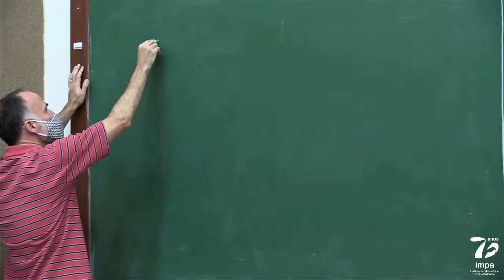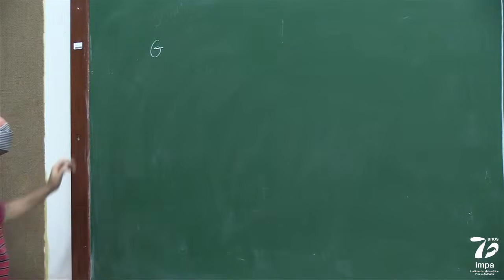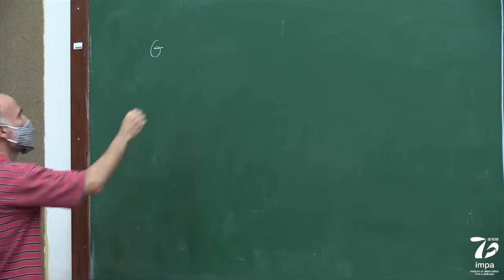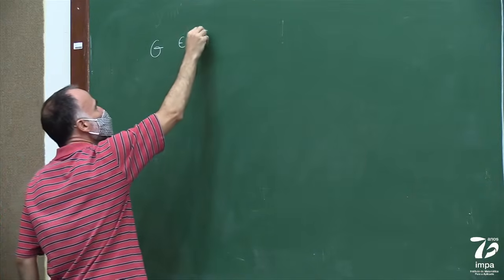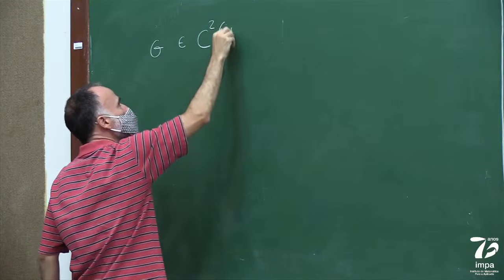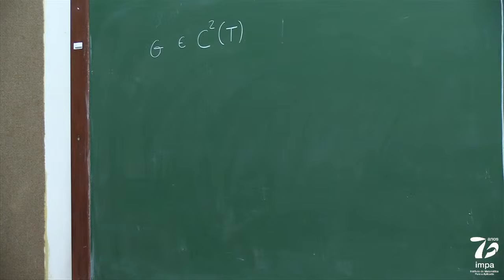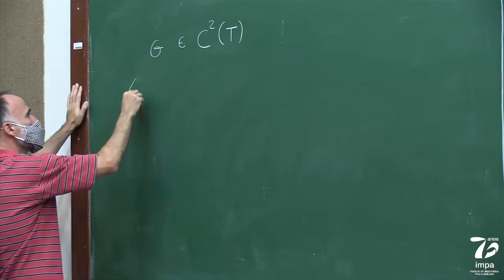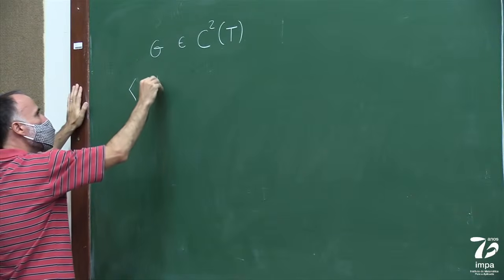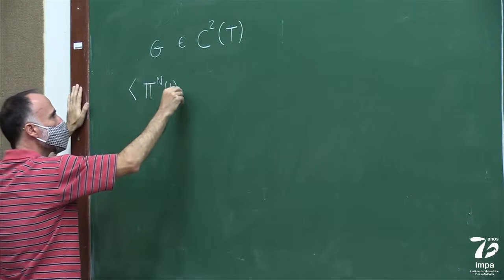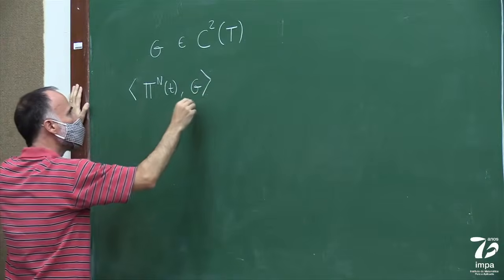So I'll take a function g which is, let's say, smooth. So let's say that it's of class C2, twice differentiable, defined on the torus. And I will consider pi n t of g as my function.